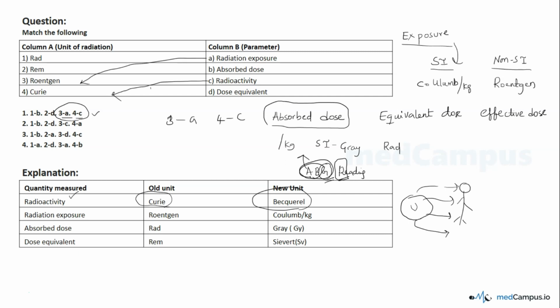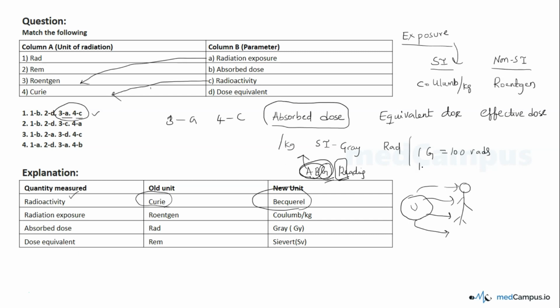Now absorbed dose is done. For example, you are absorbing 1 Gray of radiation. So your body organ per kg is taking up 1 Gray of radiation. The conversion factor here is 1 Gray is equal to 100 rads.